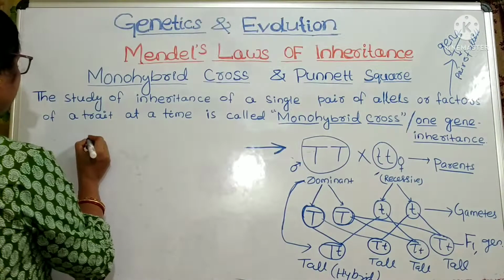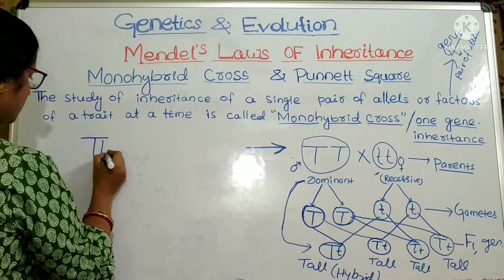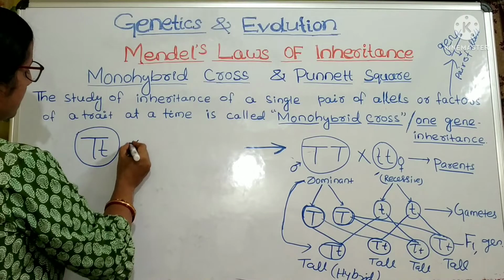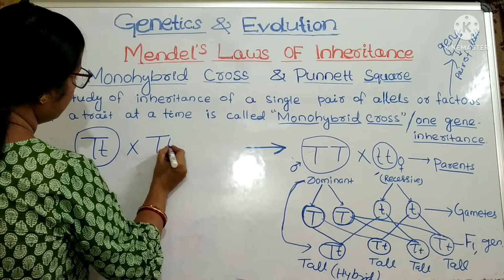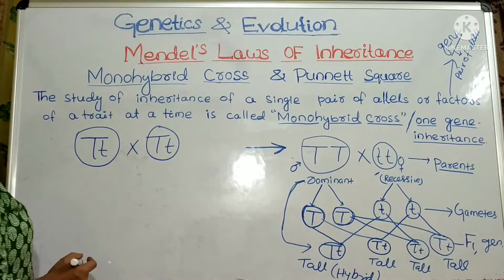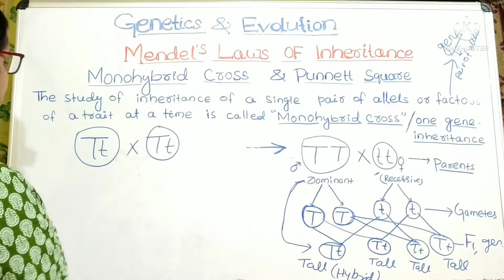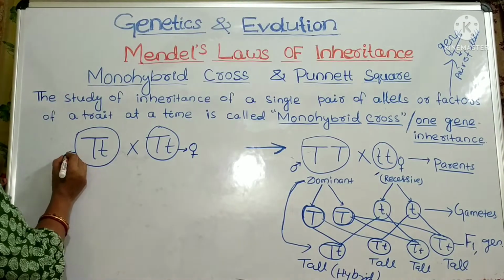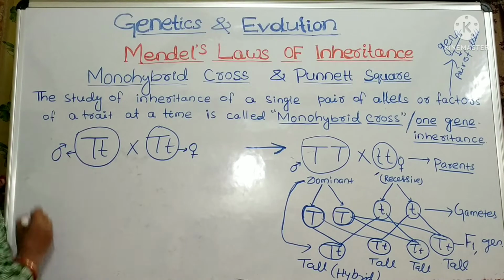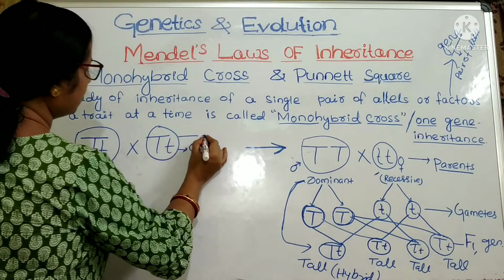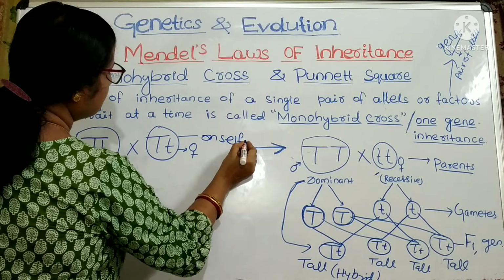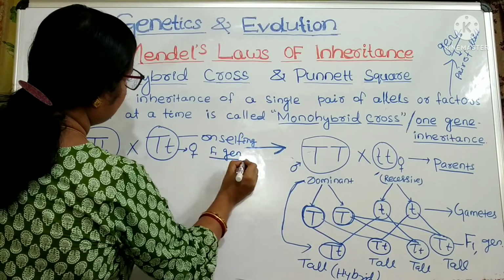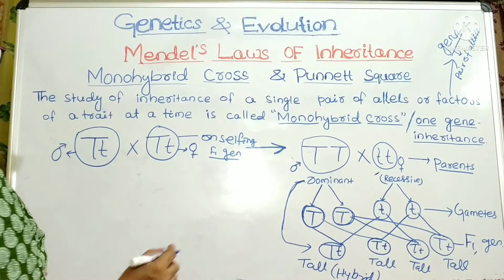Let's take one hybrid tall here from the F1 generation and another hybrid tall as parent from this F1 generation. One is female and another is male. So on selfing the F1 generation, we will get the F2 generation.